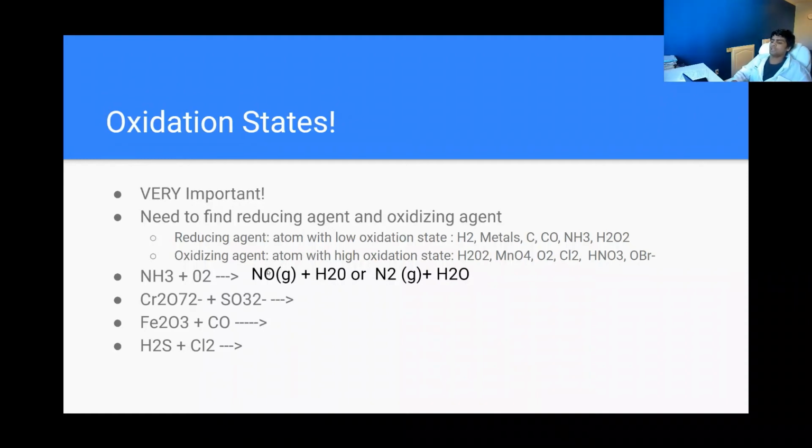Oxygen gets reduced to -2 and nitrogen gets oxidized to +2. Or another reaction that can occur is N2, where nitrogen gets oxidized to an oxidation state of 0, and oxygen is also reduced to -2.